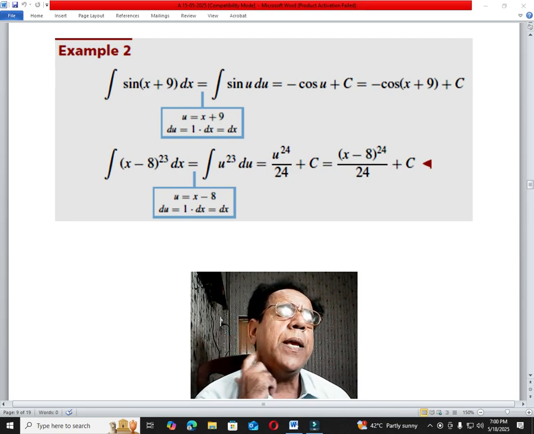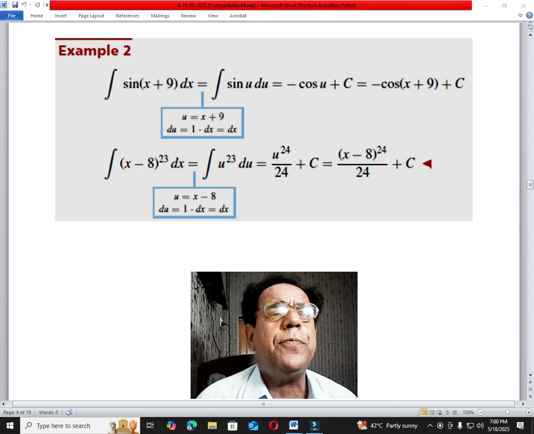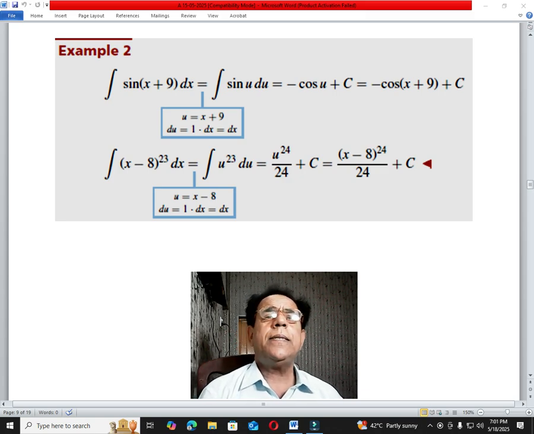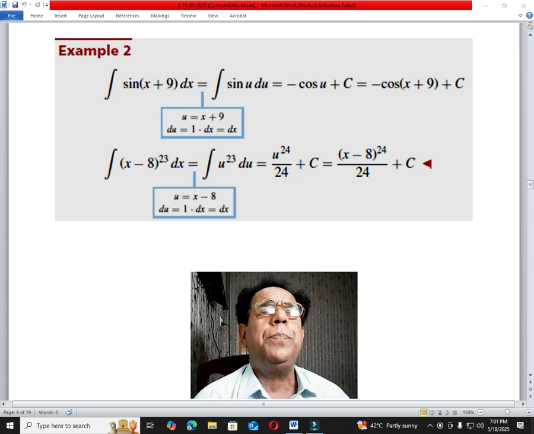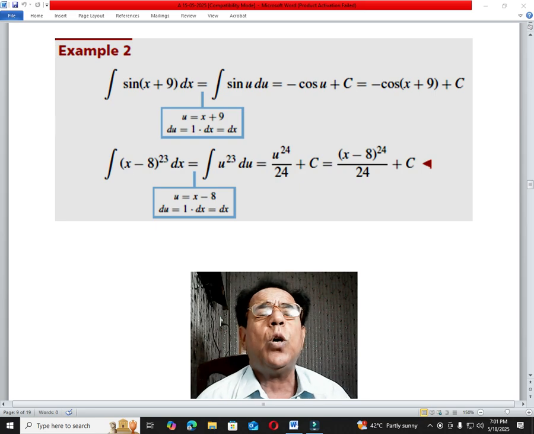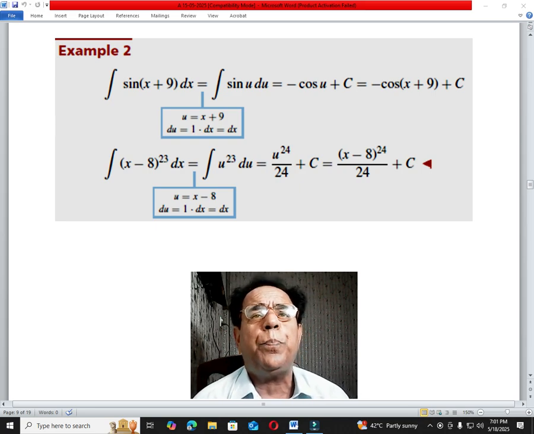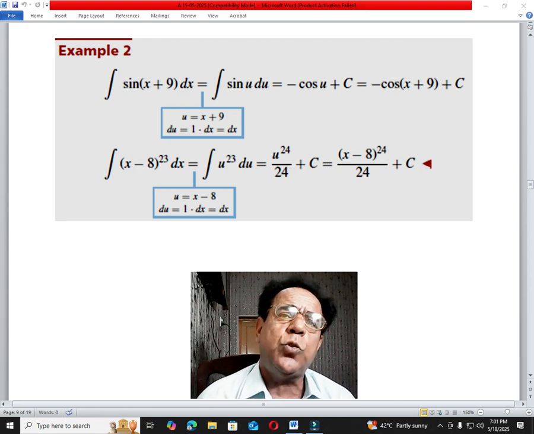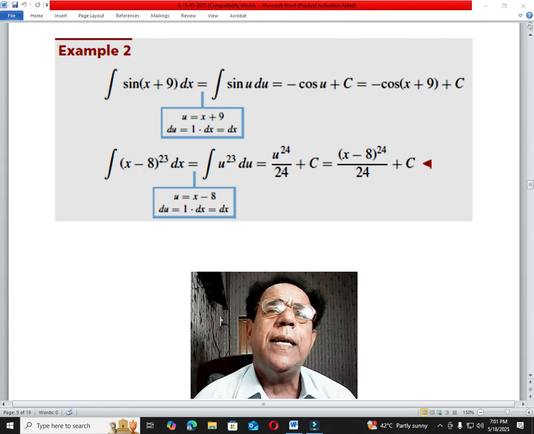So our problem will become sin u du, and we know that integration of sin u is minus cos u, so our answer will become minus cos u plus c, and here once again we will re-substitute u by its original value, that is x plus 9.